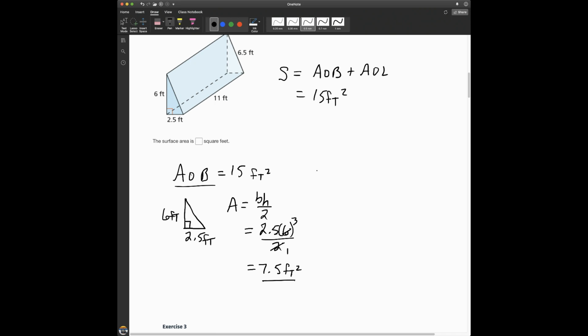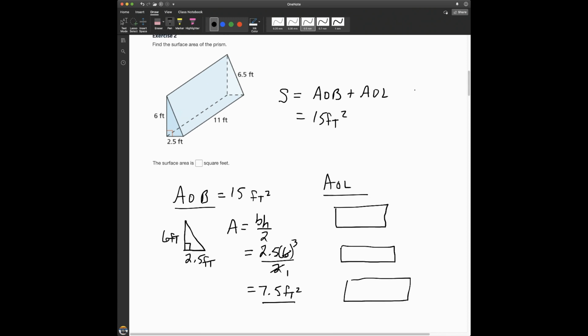And then for the area of the lateral faces, I have 3 rectangles. All right, and let's look at these rectangles. We'll start with the one all the way in the back. So it is 6 by 11. So this is 6 feet by 11 feet. So that is 66 feet squared.